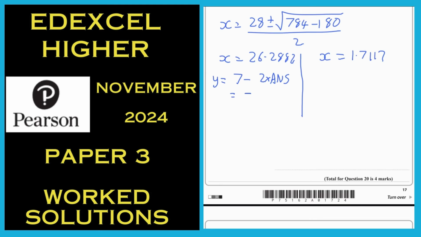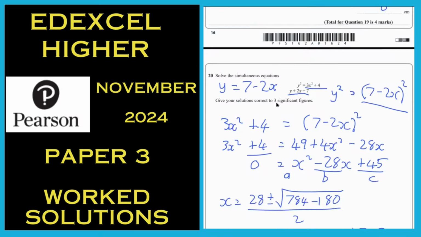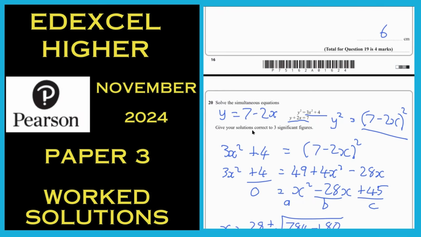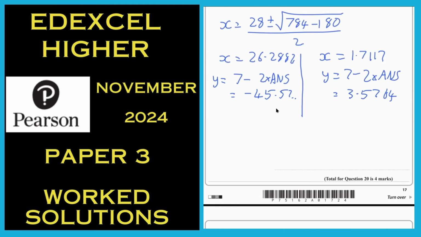And that should give you the horrible looking minus 45.57-ish. Do the same over here. 7 minus 2 lots of whatever answer you wrote down, and I get 3.5764. And worth noting, it's not set in a way that should be coordinates, so don't give your answer as coordinates.